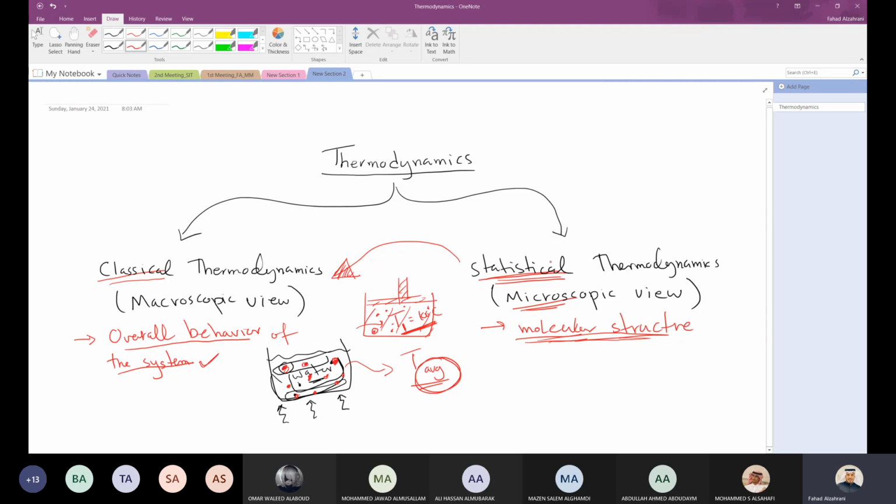They did experiments, looked at the macrostructure, and used statistical means to find averages based on multiple points, in this case based on the molecular structure behavior. Then based on that, they came up with the overall behavior of the system, which they proved correct. Then they came up with this view of macroscopic thermodynamics. So this is another important piece of information: classical thermodynamics is based on statistical thermodynamics.